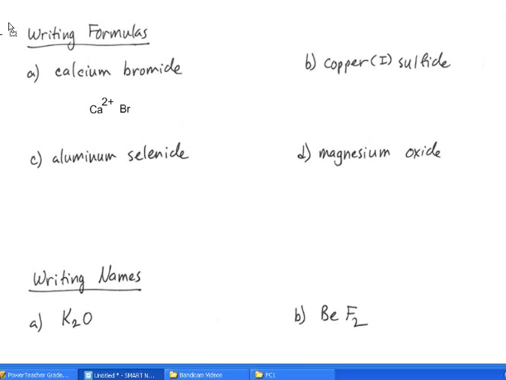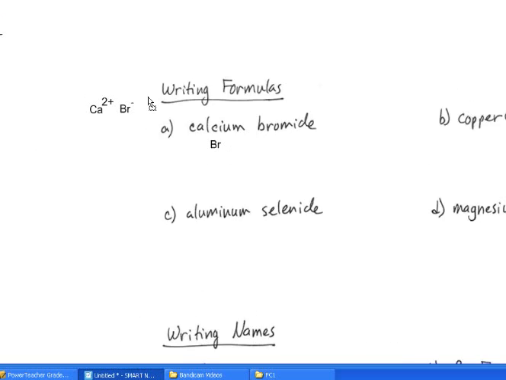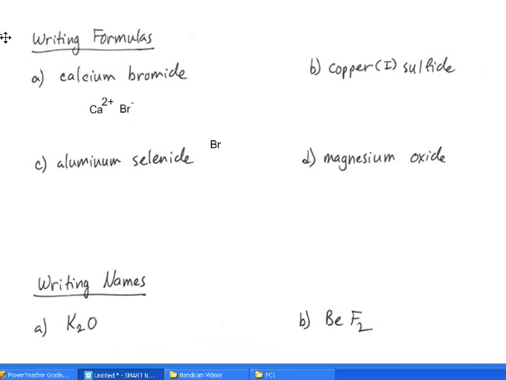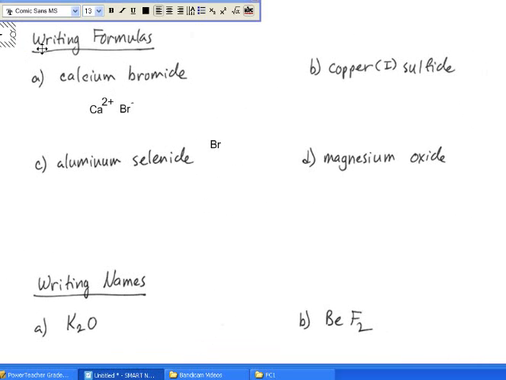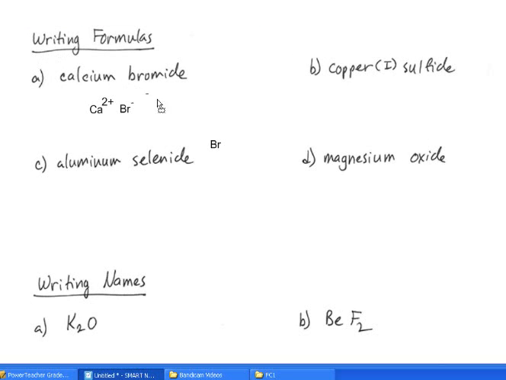Oops, moved everything out of the way there. Okay, so we can see here that this isn't going to work. Each calcium's worth 2 positive, each bromide's worth -1. So if I had another bromide, that would make things work out. So that would balance out.